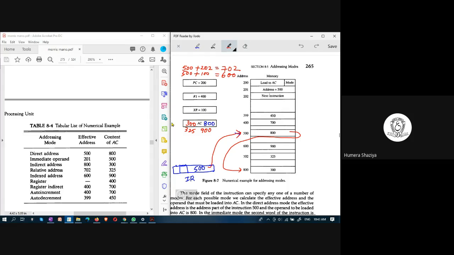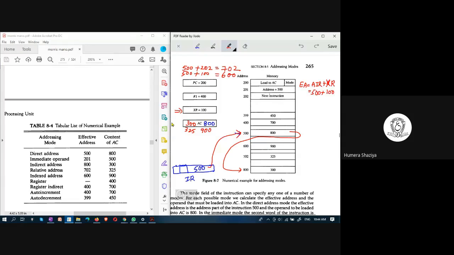Okay. The definition of the index addressing mode is that to obtain the effective address, you have to add the address part of the instruction register with the contents of the index register, which is denoted by XR. When you perform this addition, you obtain the effective address, which is the address of the operand. In our example, the address part of the instruction register holds a value 500 and the index register has a value 100.